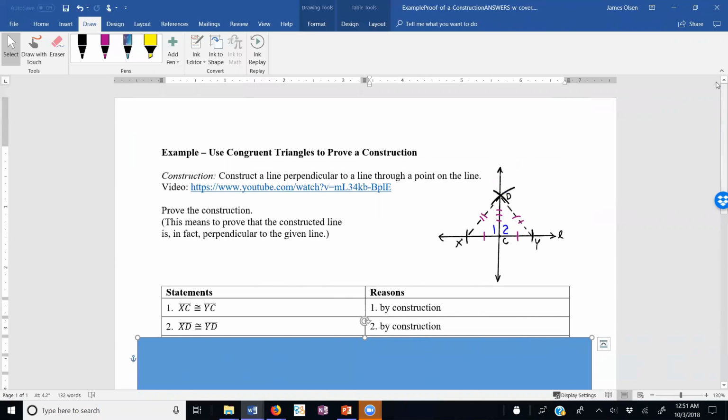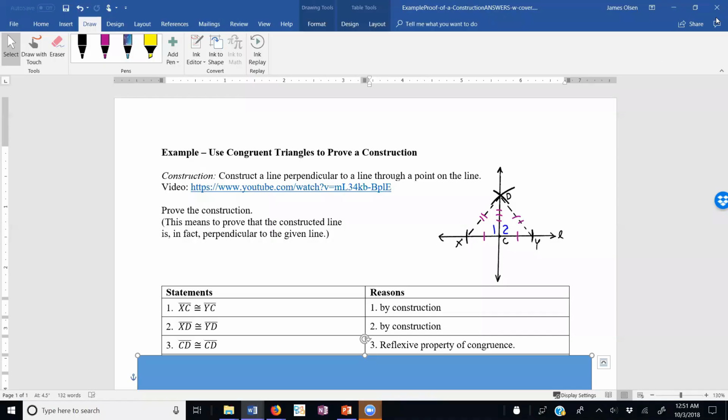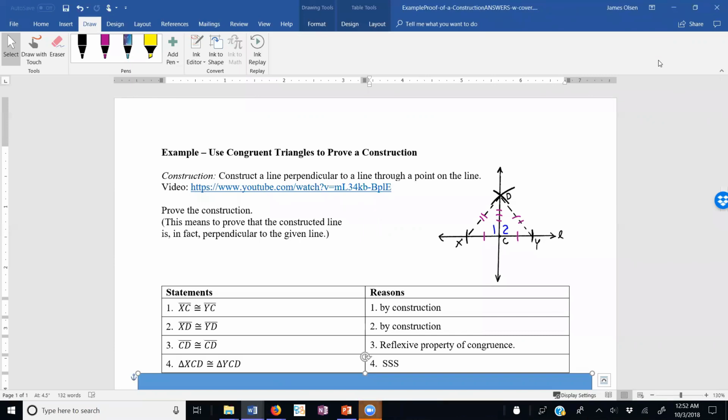That's also by construction. Then we have segment CD is congruent to segment CD. That's reflexive property of congruence. A segment is congruent to itself. This is enough now to prove the triangles congruent. Triangle XCD is congruent to triangle YCD by side, side, side.